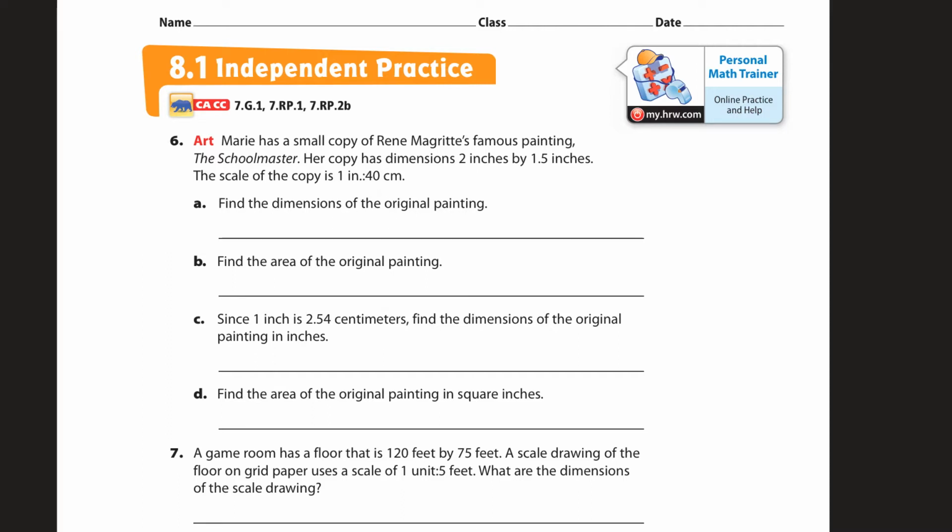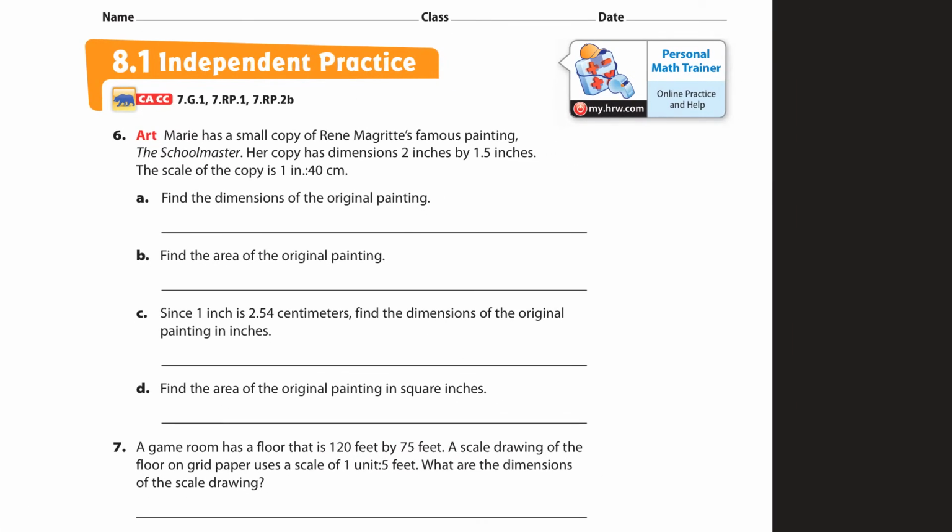Well, let's see. I'm going to start with a drawing. Let's go with 2 inches by 1.5 inches. And the scale is 1 inch is 40 centimeters.